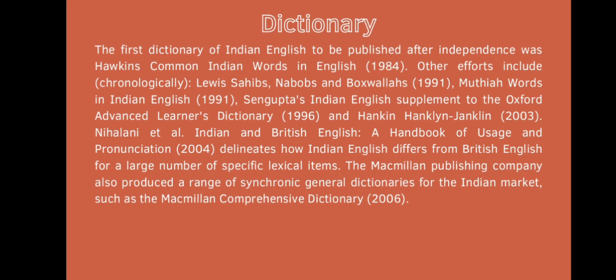Other efforts include, chronologically, Lewis's Sahib, Nawabs and Bakshiwalas in 1991, Muthiah's Words in Indian English in 1991, Singh's Indian English Supplements to the Oxford Advanced Learner's Dictionary in 1996, and Hankin's Hanklin to Junklin in 2003. Nihalani's Indian and British English: A Handbook of Usage and Pronunciation in 2004 delineates how Indian English differs from British English for a large number of specific lexical items.